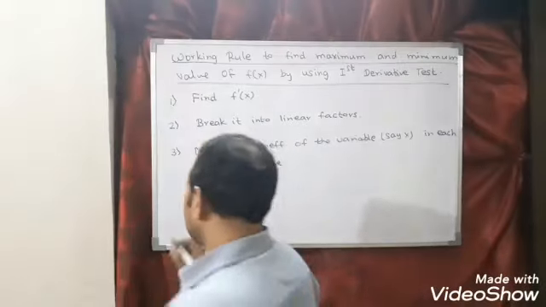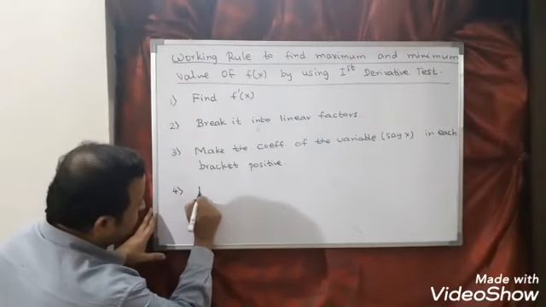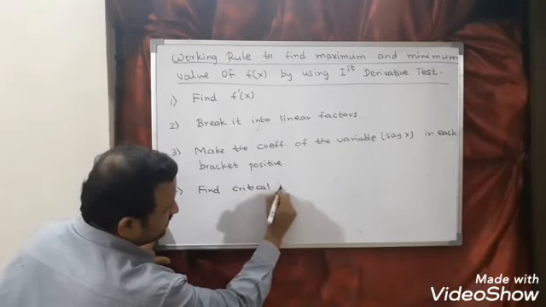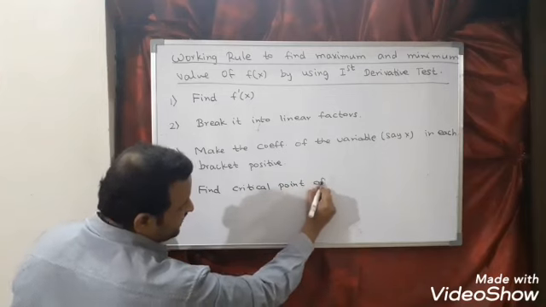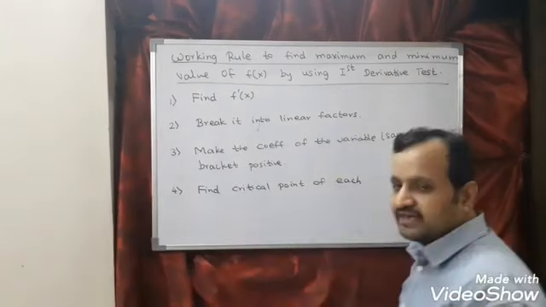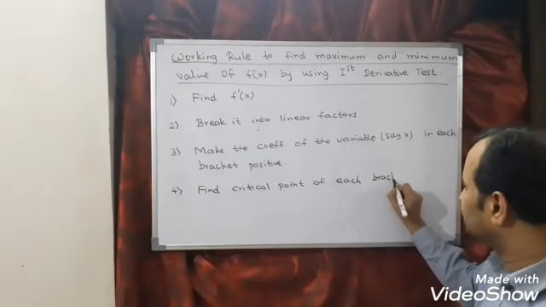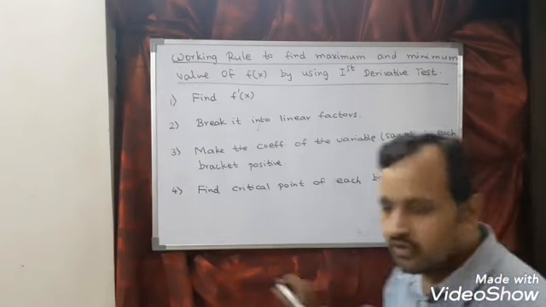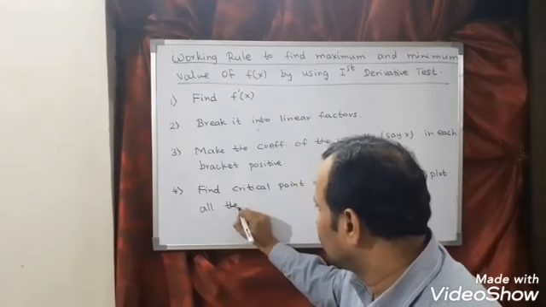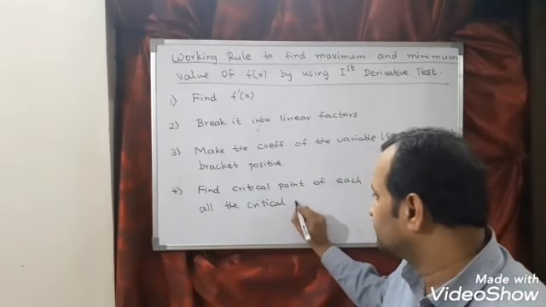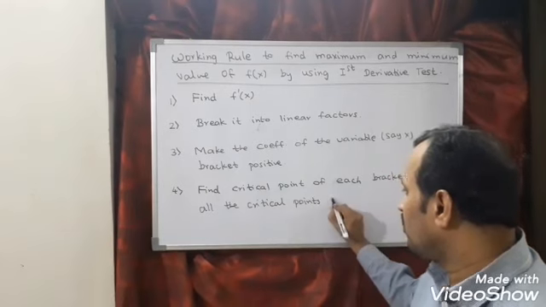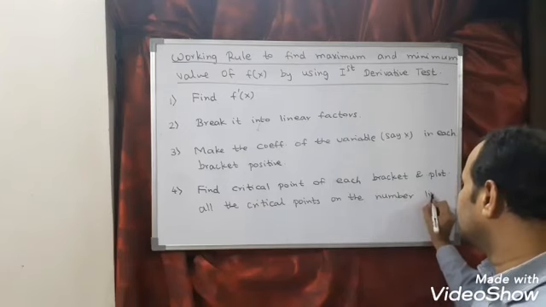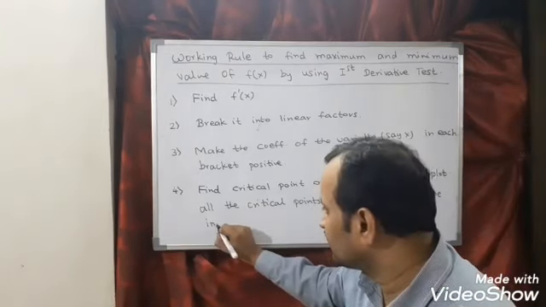What is the next step? Next step is find the critical point of each bracket and plot all the critical points on the number line in increasing order.